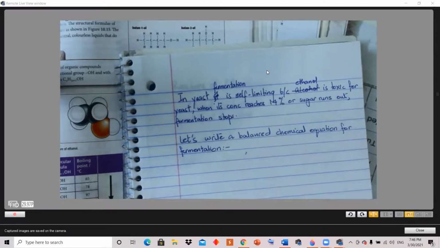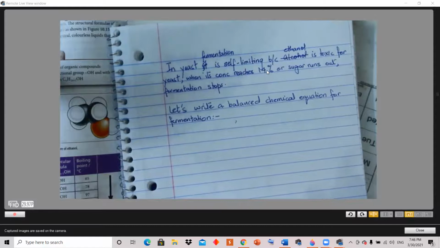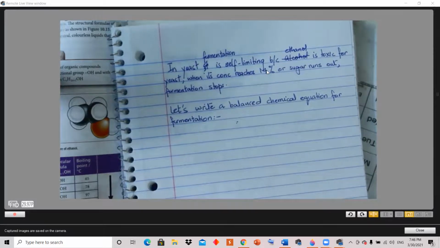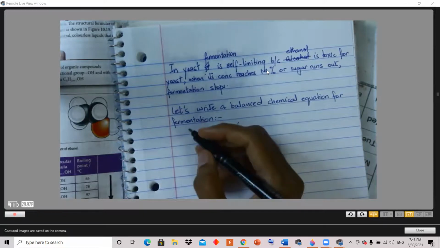What do you mean, sugar? Glucose. Okay, let's write a balanced chemical equation for fermentation. Fermentation is anaerobic respiration, and what is the reactant? What molecule do we start with? Glucose. Very good. What is the formula for glucose without looking at the book?